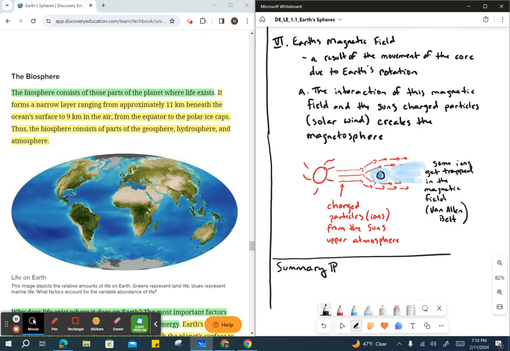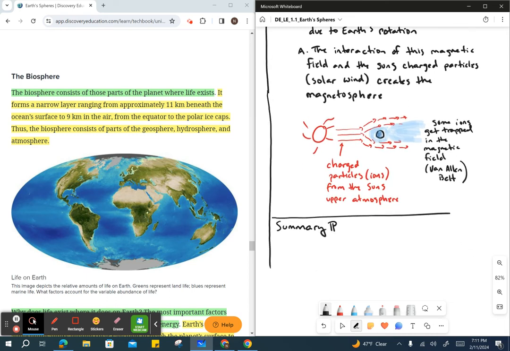If we didn't have that magnetosphere, and the magnetosphere is what we call that magnetic field interacting with those charged particles, our atmosphere would be ripped apart and life would not be able to be sustained. Okay, so you can see a little schematic here.